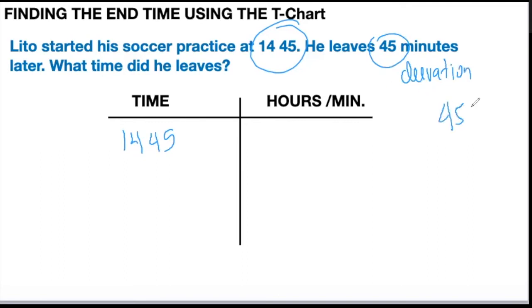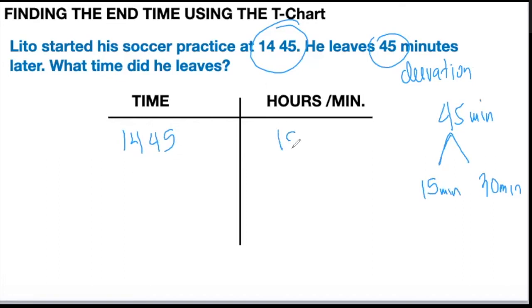We can divide the 45 minutes into two parts. It can be 15 minutes and 30 minutes. Why 15? Because 15, when added to 45, gives us 60. And 60 minutes is automatically 1 hour already.